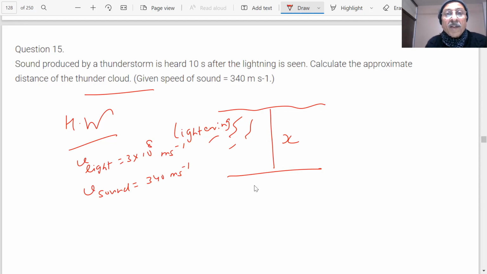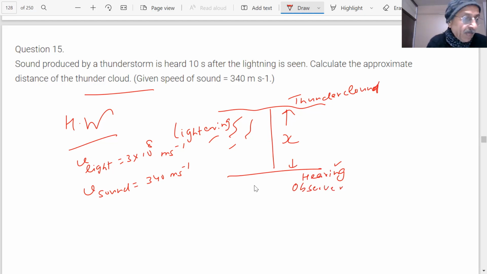If x is the distance, thunderstorm, thunder cloud, and this is where we are hearing, the observer. So you have a light observer and a sound observer.